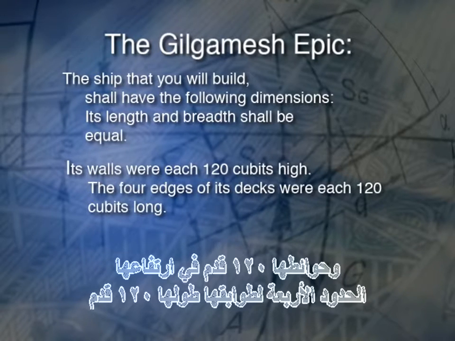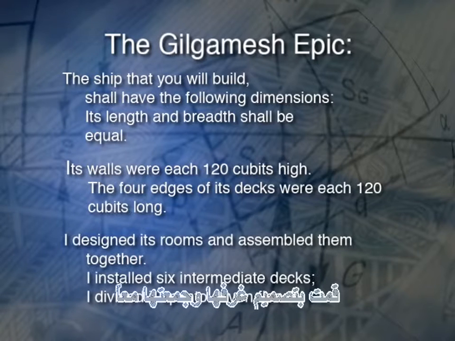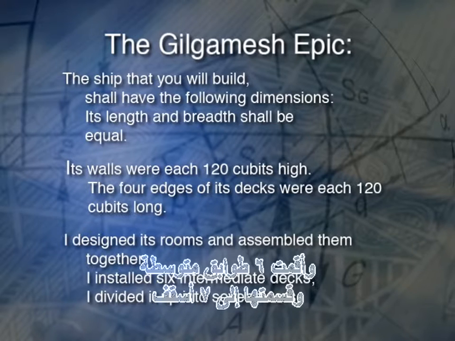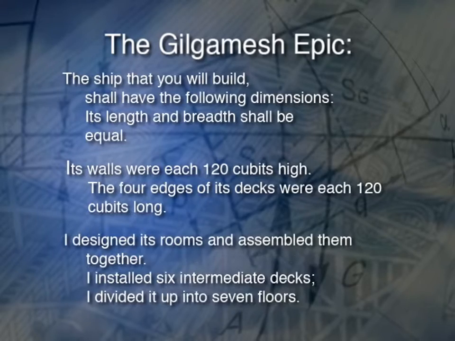Its walls were each 120 cubits high. The four edges of its decks were each 120 cubits long. I designed its rooms and assembled them together. I installed 6 intermediate decks. I divided it up into 7 floors."